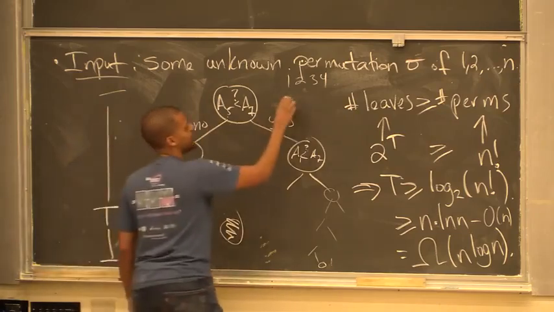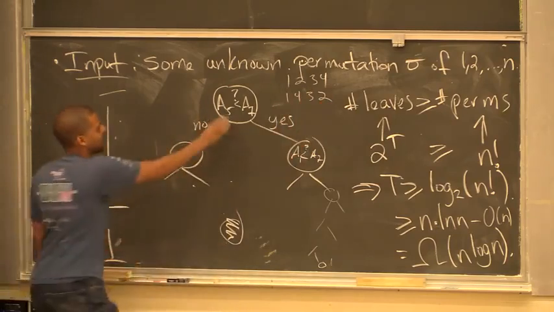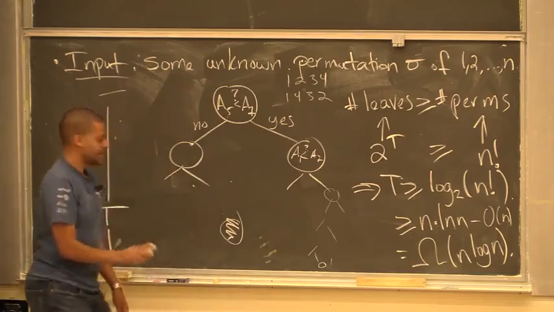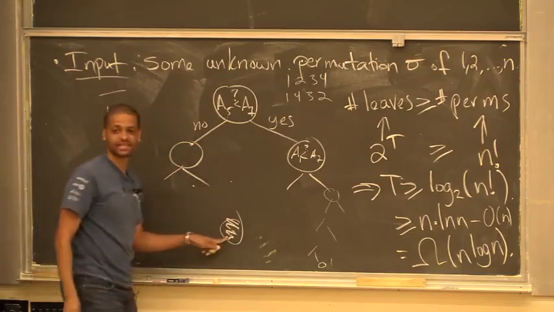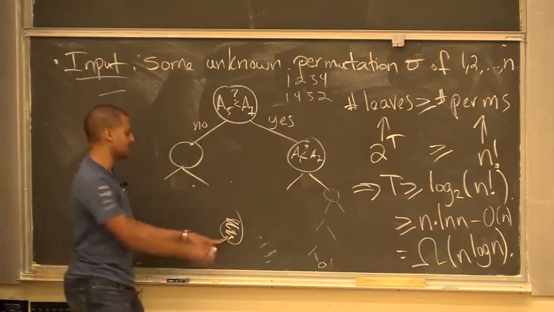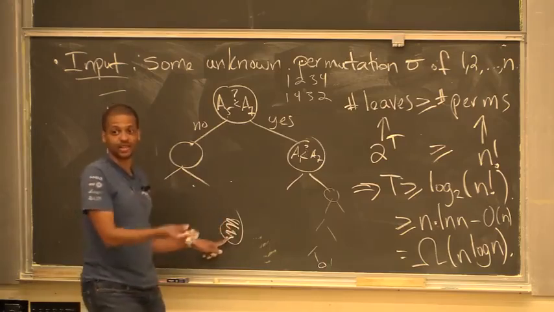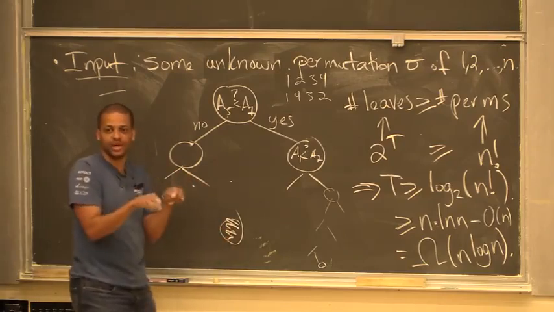Now let's look at a different permutation, 1, 4, 3, 2. It's again going to do some comparisons and end up at some leaf. Can it end up at this leaf? No, it cannot end up at the same leaf as another permutation. At the end of the day, the algorithm has to sort, so it has to permute the entries of the input.